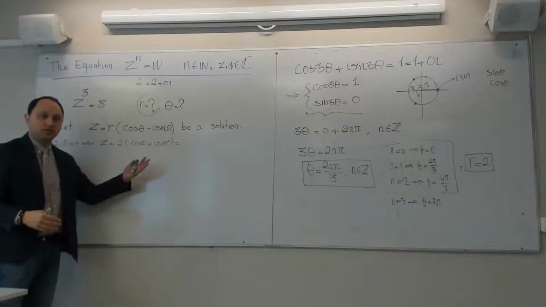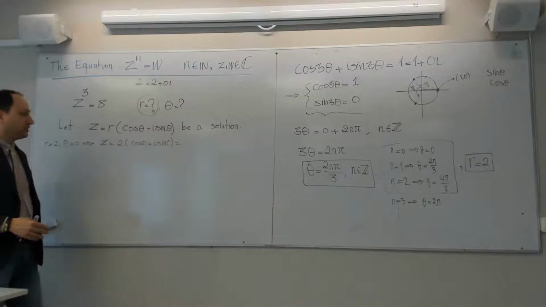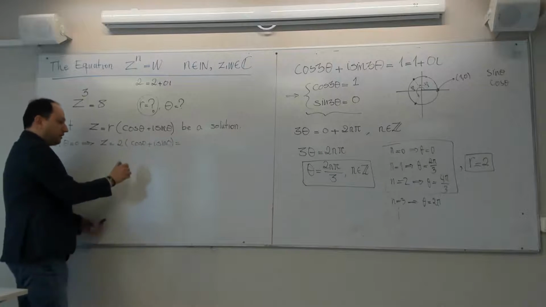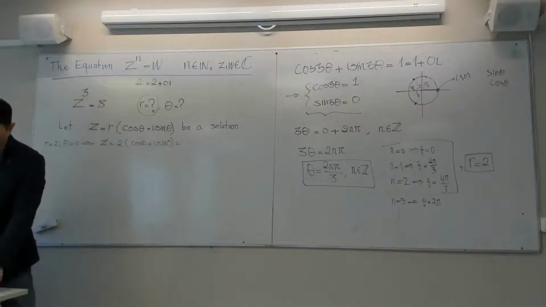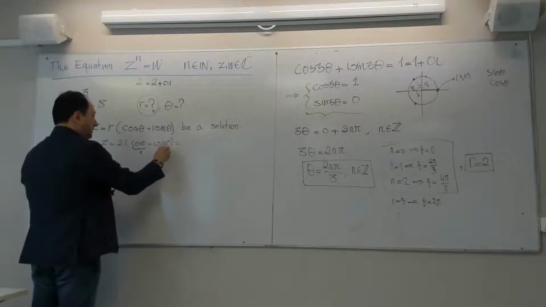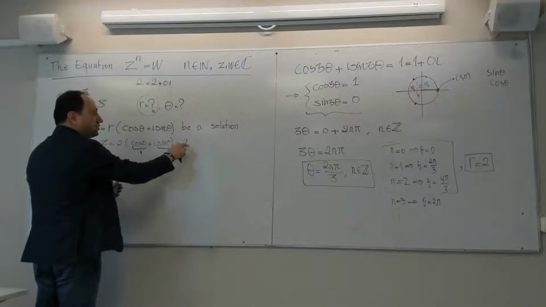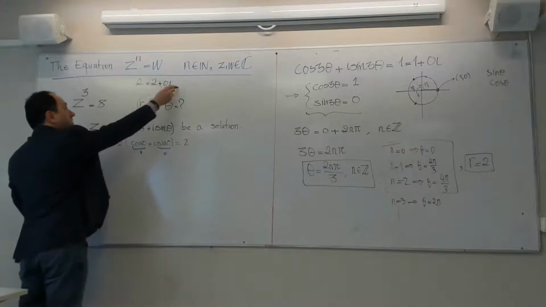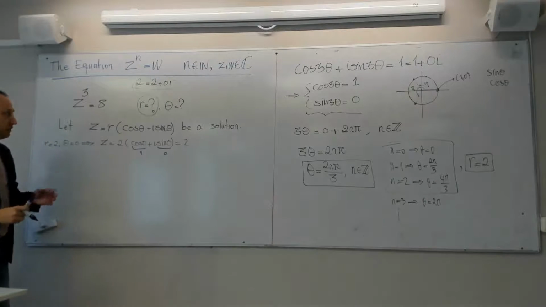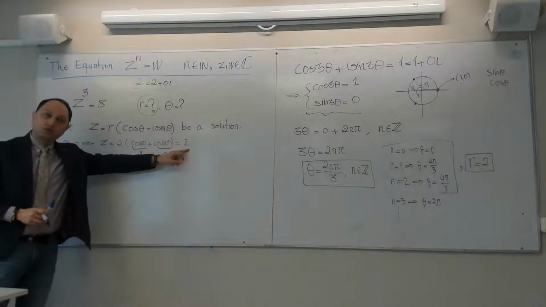If I ask you for decimal points, then yes, you need to calculate them using decimal points. Otherwise, just leave it like that. But cosine of 0 is famous, yes? Cosine of 0 is actually 1. Sine of 0 is 0. And then it becomes exactly 2, as you predicted from the beginning, yes?